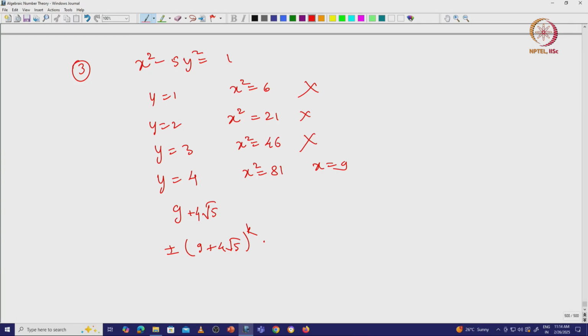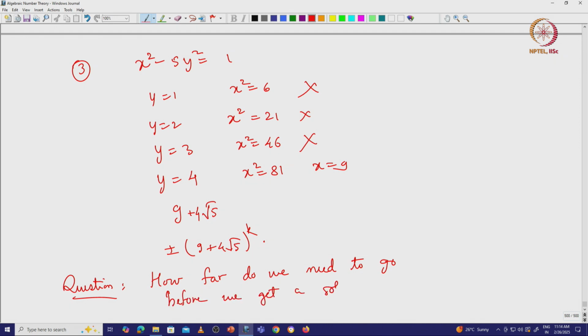Now, of course, you can ask a question, how far do I have to go checking? How far do we need to go before we get a solution, right. That is a very valid question, because all that we know is there is a solution.